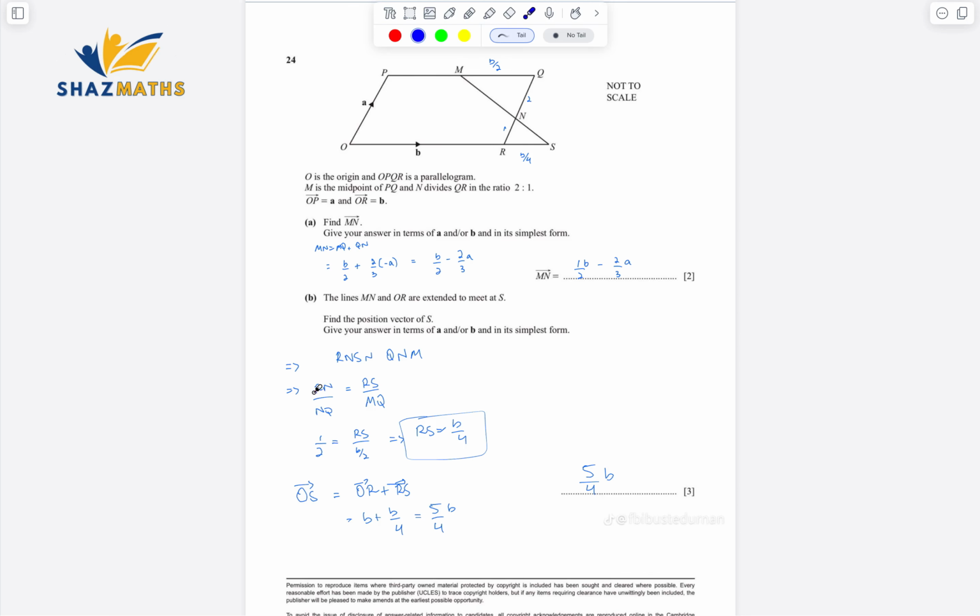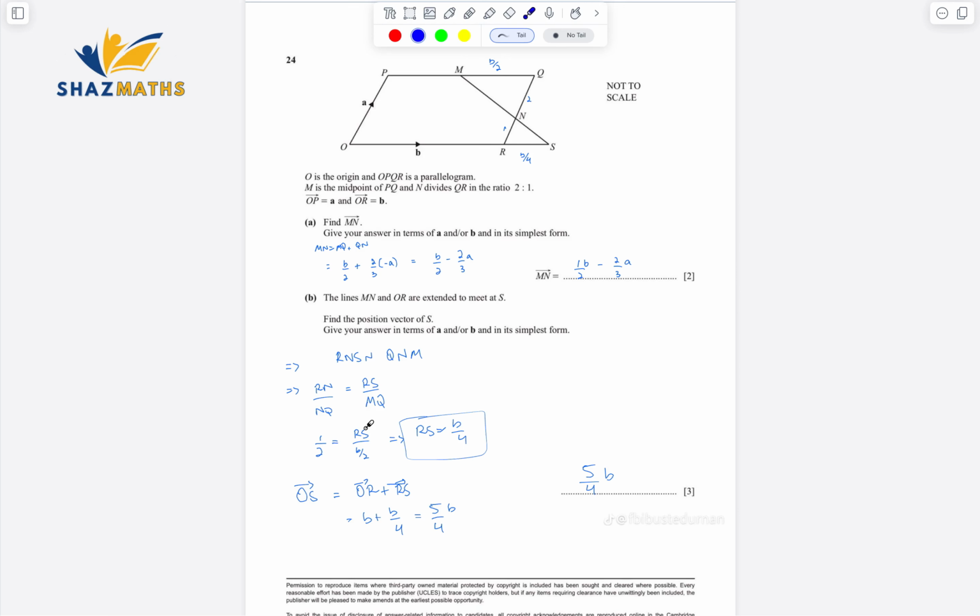Just double checking: N divides QR in the ratio 2:1. Yes, so 1 over 2 equals RS, which we have to find, over MQ, which was B by 2. That's how we got RS is B over 4.